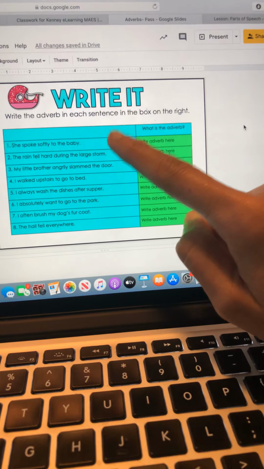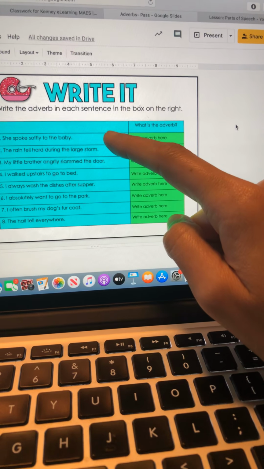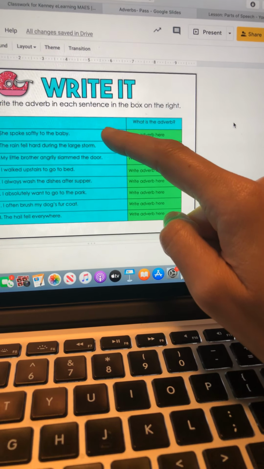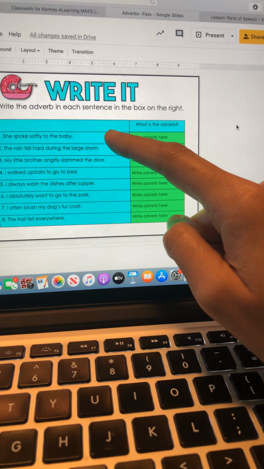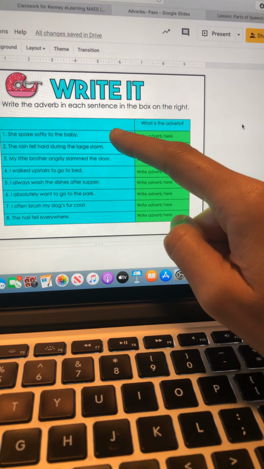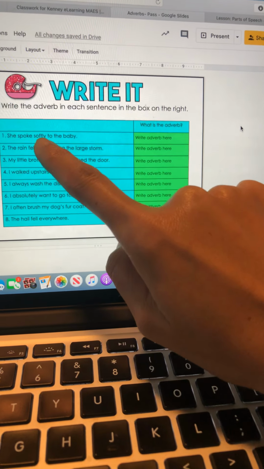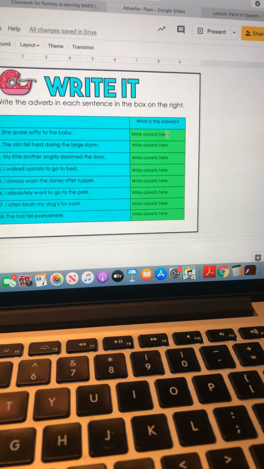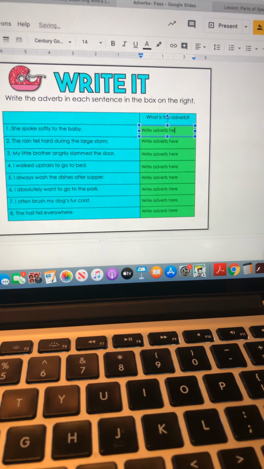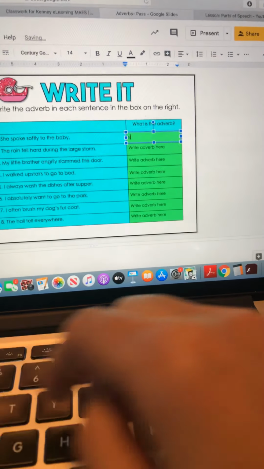All right. So the first one says, she spoke softly to the baby. How did she speak? Softly. So our adverb is softly, and that answers the question, how. All right, so then over here I would click and I would type in softly.